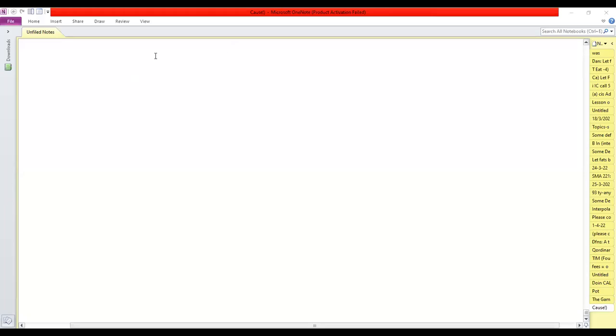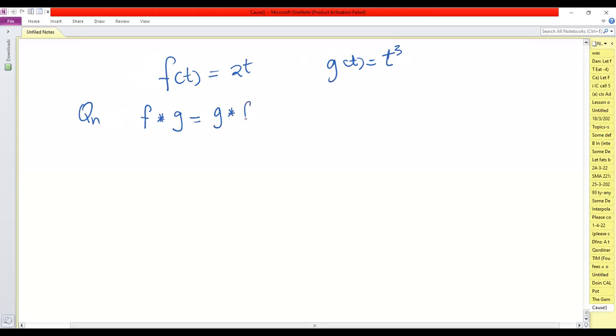Now, we have the functions f of t given by 2t, and g of t given by t cubed. So the question is to show that the convolution of f and g is the same as the convolution of g and f.